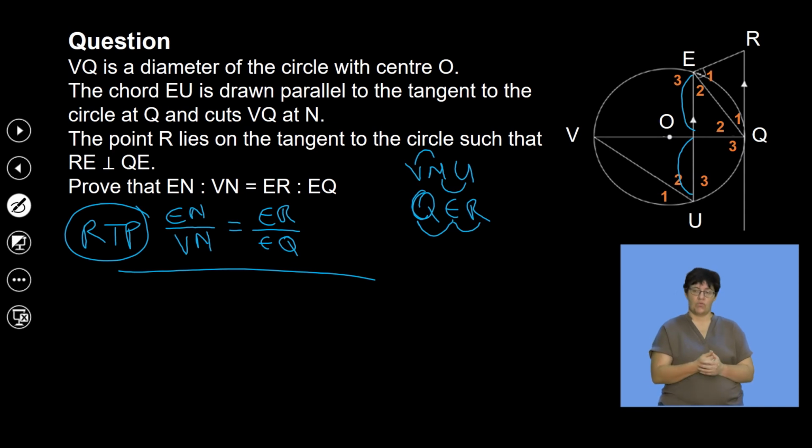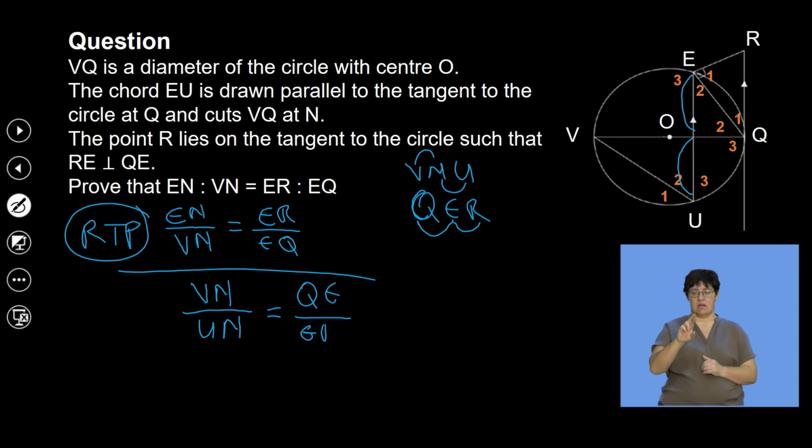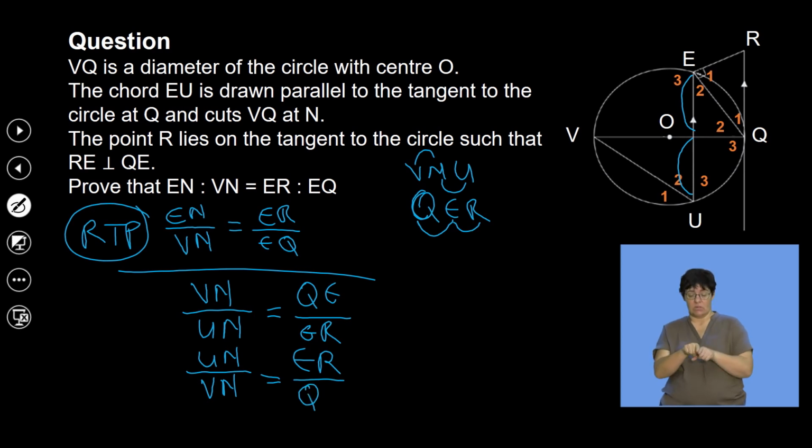So this will be VN over my UN, which is equal to QE or EQ over ER. And then I can just rewrite this in the order that they want, right? So I will just say UN over VN. Why am I writing it like this? Because my VN is the denominator according to what they want me to prove. This is ER over QE or EQ. I didn't change anything.